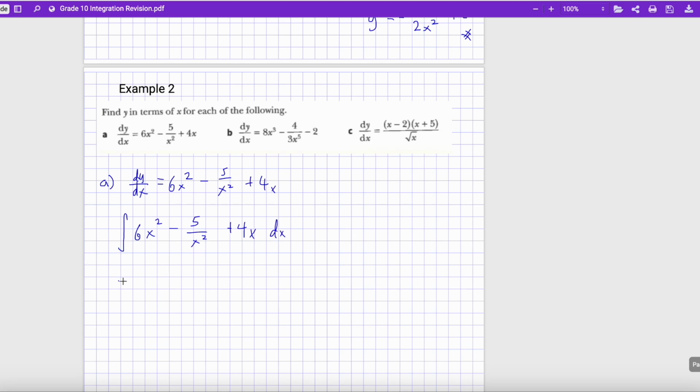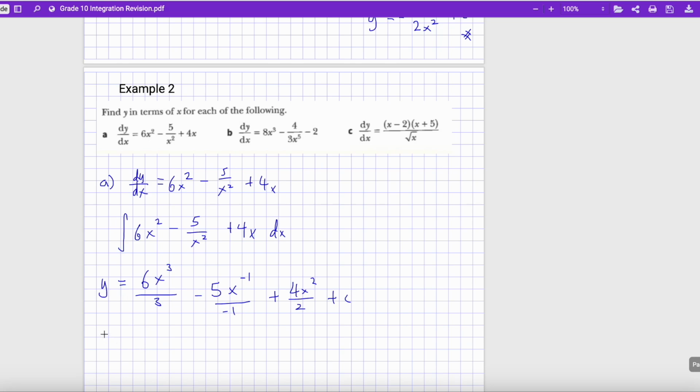We do expect ourselves to get something like 6x cubed over 3 minus, so this is 5, this will be x to the power minus 1 over minus 1. All right, and this will be plus 4x squared over 2 plus c.